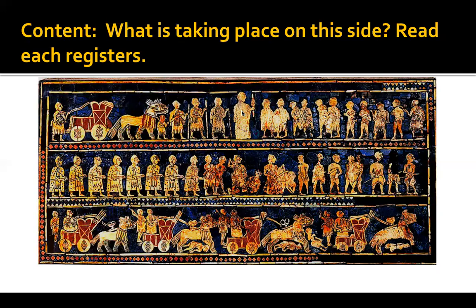Who do we think that is? The king. The ruler. So this is probably the same guy from the royal tomb who's on the other side, sitting on the throne, right? And of course, his head breaks out of the border as well. And then he's got some of his guards and his chariot behind him.